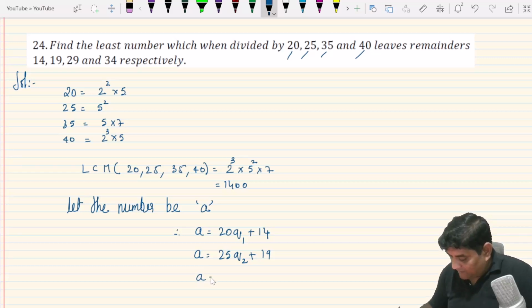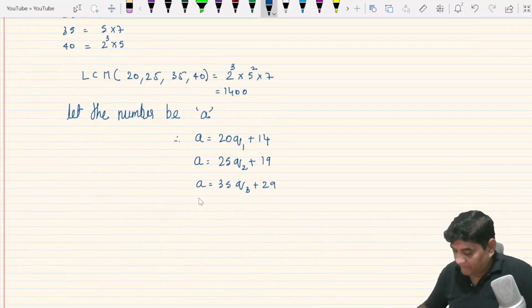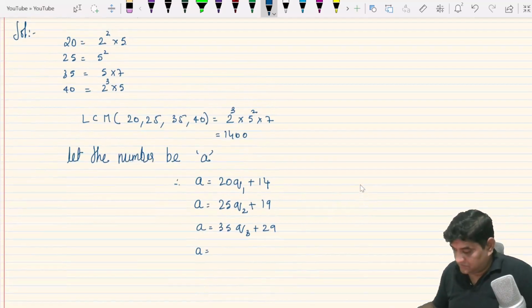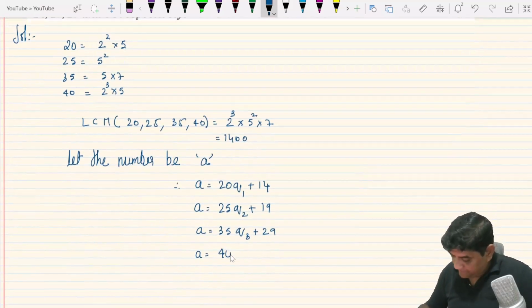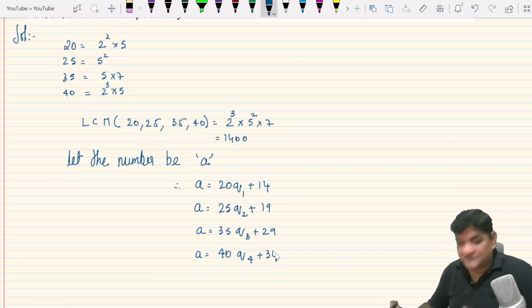And A when divided by 35, with the quotient of Q3, gives me a remainder of 29. And A when divided by 40 gives me a remainder of 34.